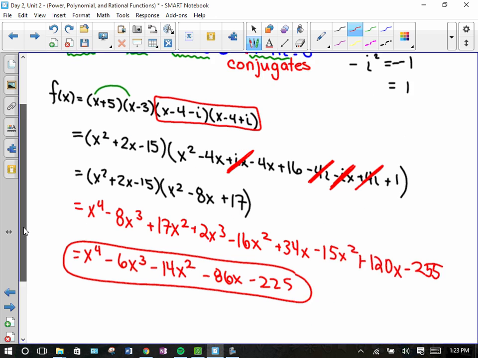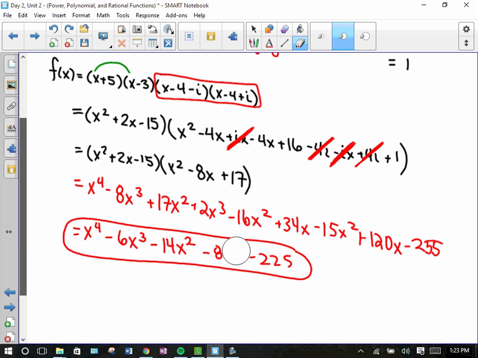Alright, so that'd be 154. Everything else looking good? Yeah, that's just negative 15 times negative 8 should be positive 120. That's the easy part. You can do it with conjugates.